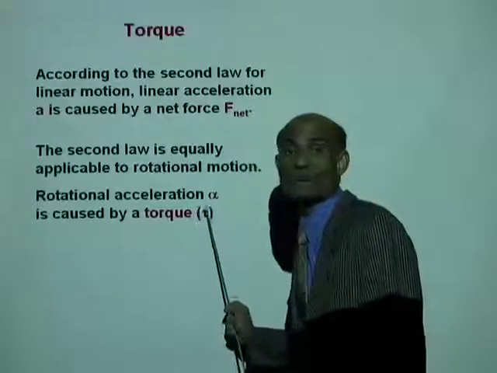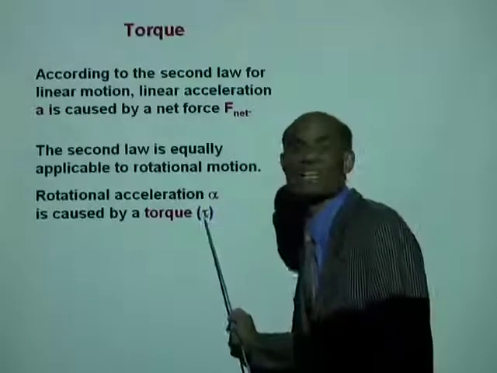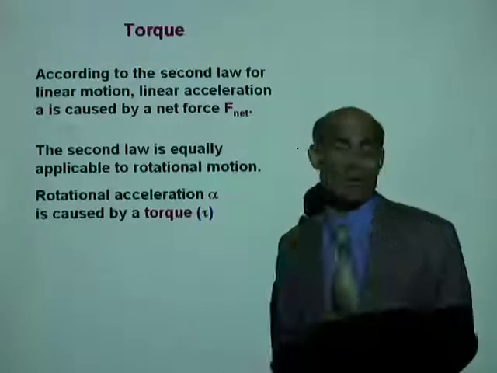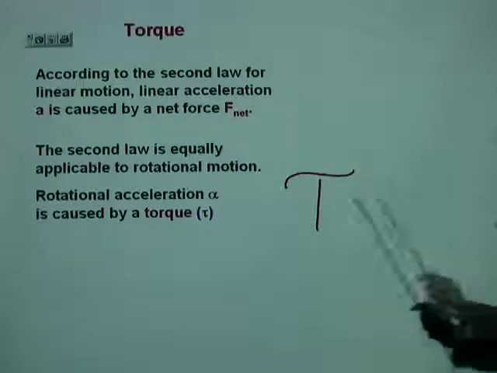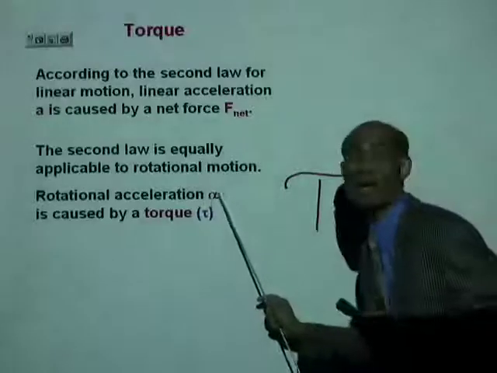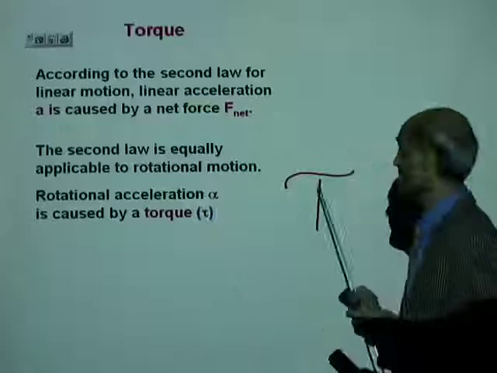We represent torque by the Greek letter tau. Let me write that for you. Now, tau is written like this. Pronounce it tau. So, the rotational acceleration alpha is caused by a torque, tau.